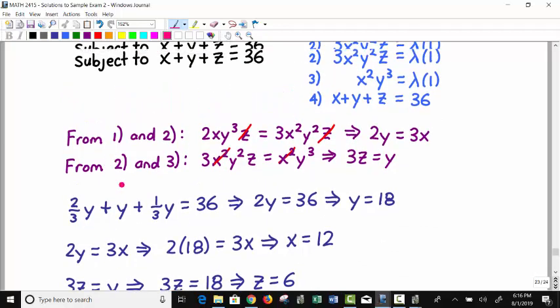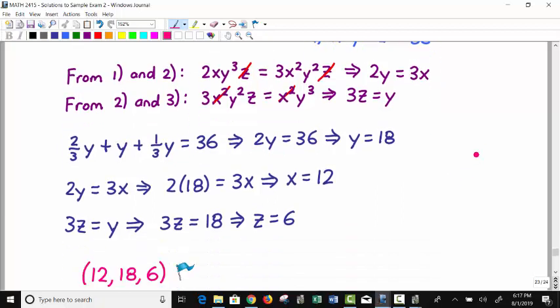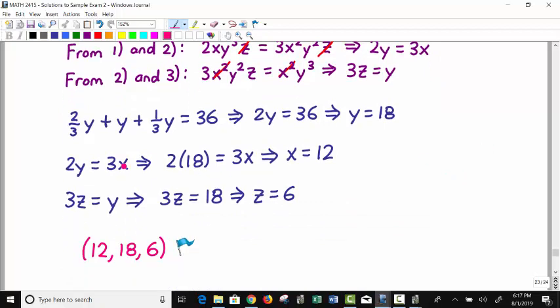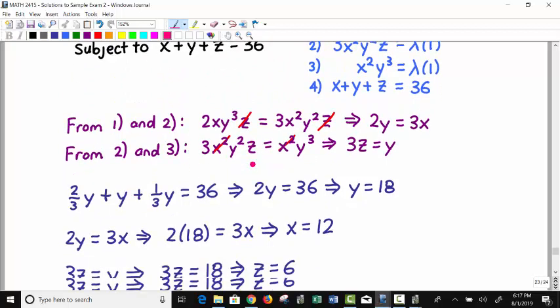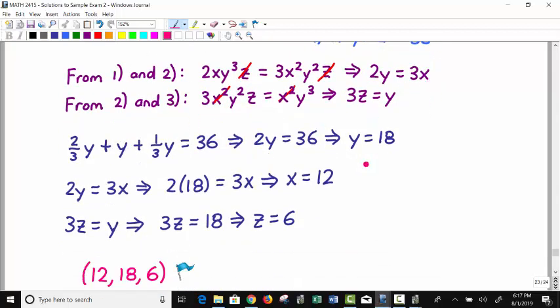And so there we go. So x is 2/3 y, y is y, z is 1/3 y. Add that up together, you've got 2/3 and 1/3 and 1, so it makes it 2y when you add that up equals 36. So y equals 18. 2y equals 3x, and from right up here, we know that y is 18, so 2 times 18 equals... I guess I could have just said x equals 2/3 y.